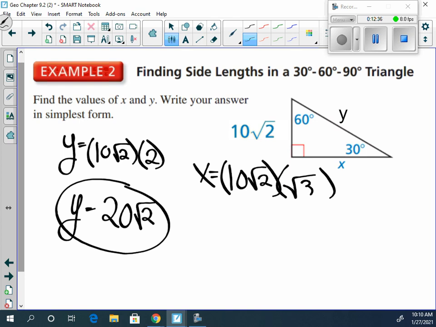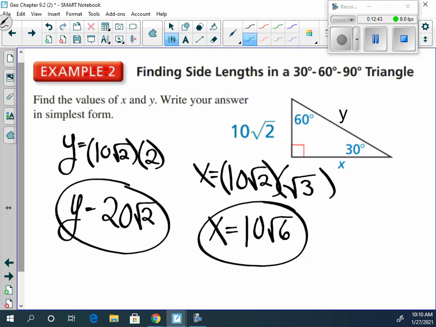Square root of... So to get the side opposite 60 degrees, we take whatever the shortest side length is and multiply it by the square root of 3. And when we do that, we'll get our answer. Any questions on any of this here? Any questions on anything we've done so far? Are we good with this here?